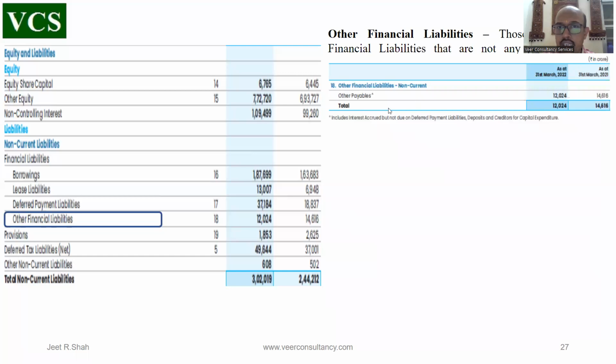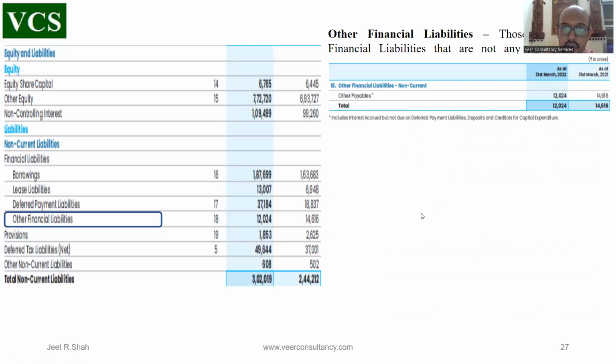Under other payables, they have written interest accrued but not due on deferred payment liabilities, deposits, creditors for capital expenditure. So it includes interest accrued, meaning you have to pay, but not today, later, so it has been put there. Then we have deposits and creditors for capital expenditure. All these things are a part of other financial liabilities, non-current.